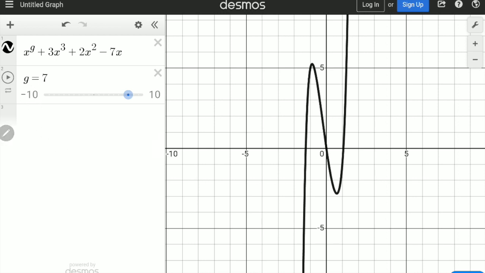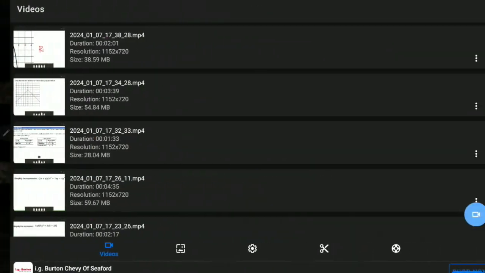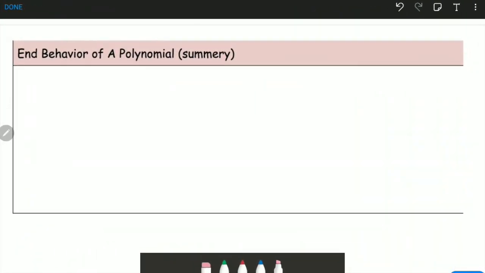So we're going to go and summarize that in a graph, if I can go to the right screen. So we're going to summarize this in a chart here real quick. So the degree of a polynomial, whether it's even or odd, is one of the determining factors for the end behavior.